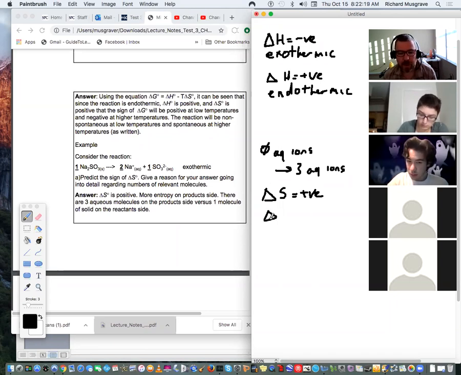Now, from what we have up here, we can see that delta H is exothermic. It says exothermic, so delta H is going to be a negative value. So we plug that into our equation.